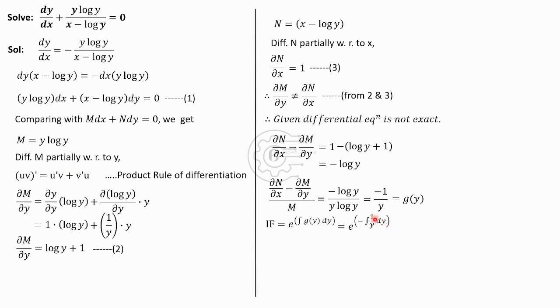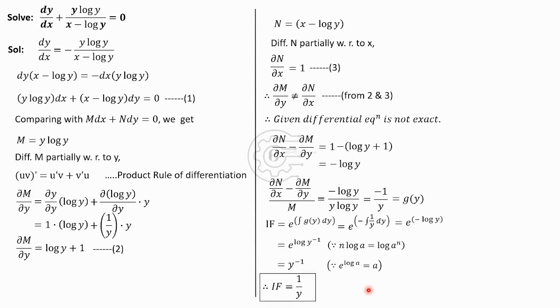Now integration of 1 upon y is log y, so we write e raised to minus log y. We can write this as e raised to log y raised to minus 1 by following this logarithmic rule. Also, e raised to log y raised to minus 1 we can write as y raised to minus 1 by following this logarithmic rule. So here our integrating factor will be 1 upon y.